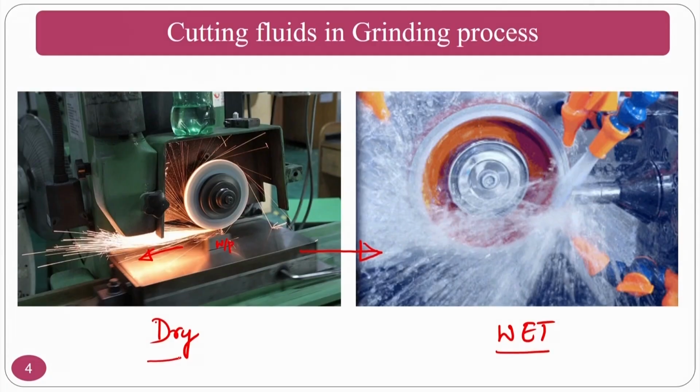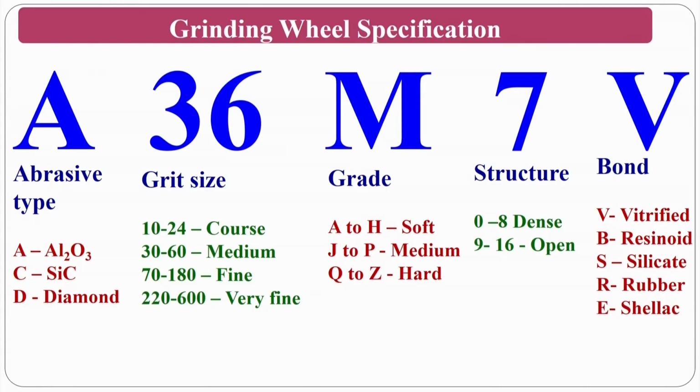From the performance point of view, wet grinding will give you good surface roughness as well as good material removal and other things. We have seen the specification of the grinding wheel. Just to overview that, we have seen abrasive type, abrasive size or the grit size, grade, structure and bonding.